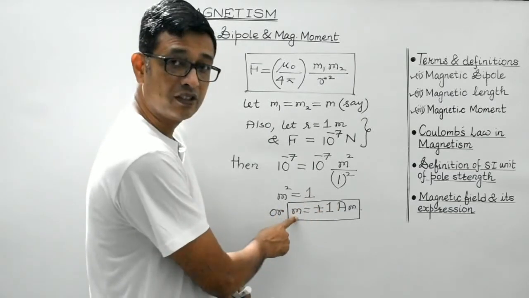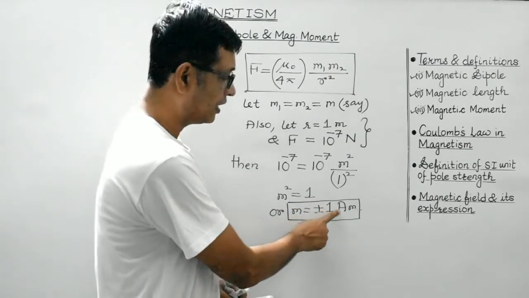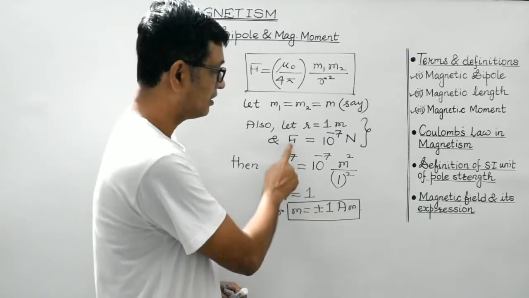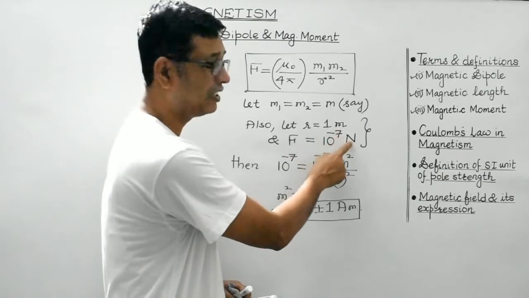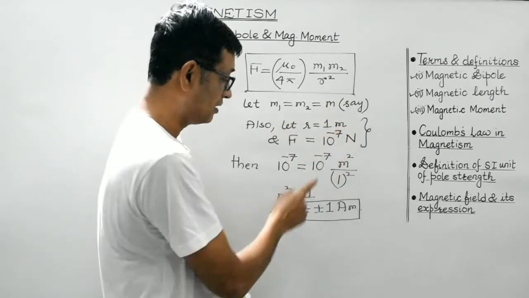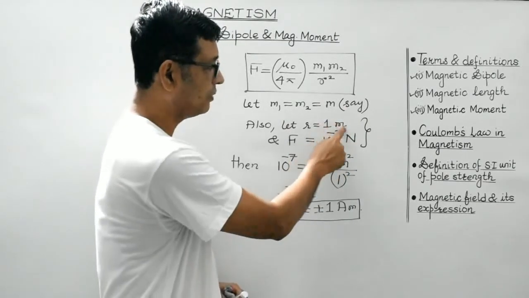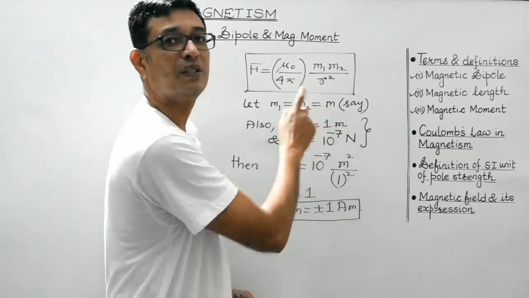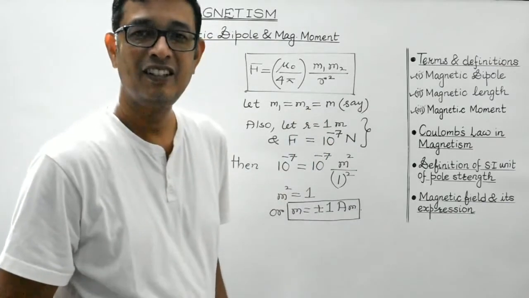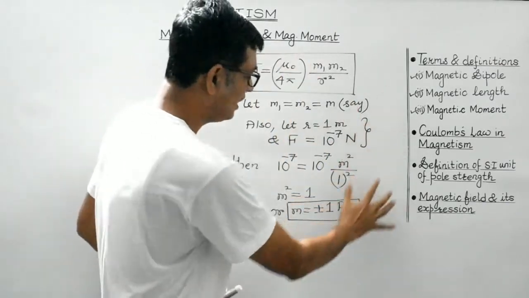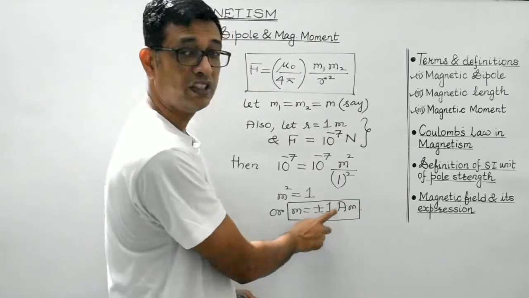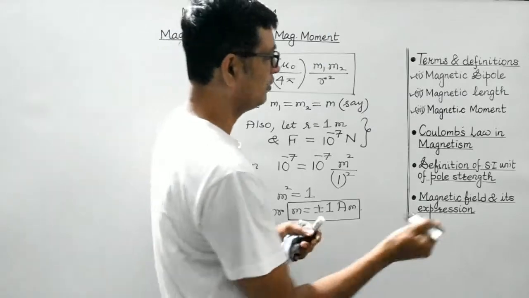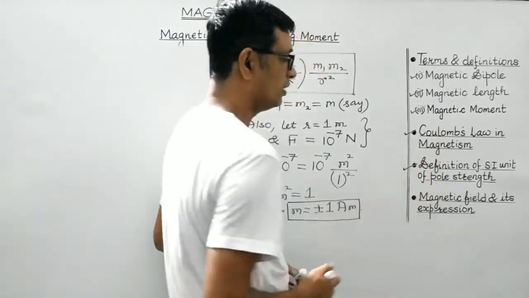The pole strength of a given pole is said to be 1 ampere meter when it experiences a force of 10 to the minus 7 Newton when this pole is placed at a distance of 1 meter in air or vacuum from another equal and similar pole. Clear? I hope you will be easily able to retain the definition of the SI unit of pole strength. Right? So, we are done with this topic as well.